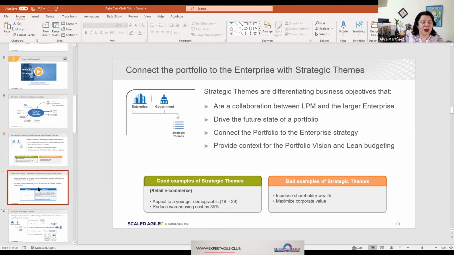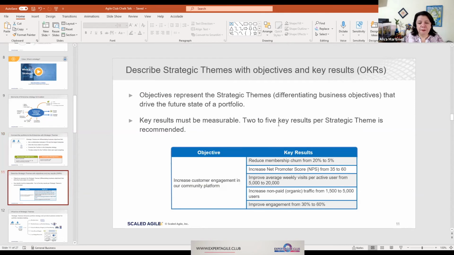So it's the same concept, of course. Maybe you are familiar with OKRs, this framework that Google used for really achieving the place that they currently are.